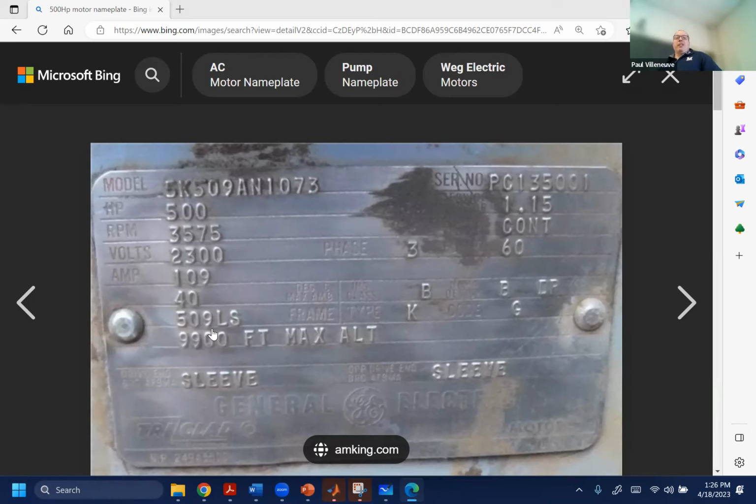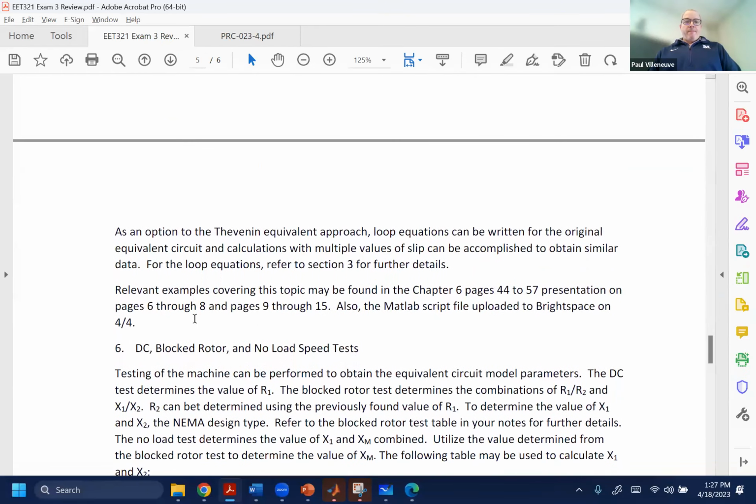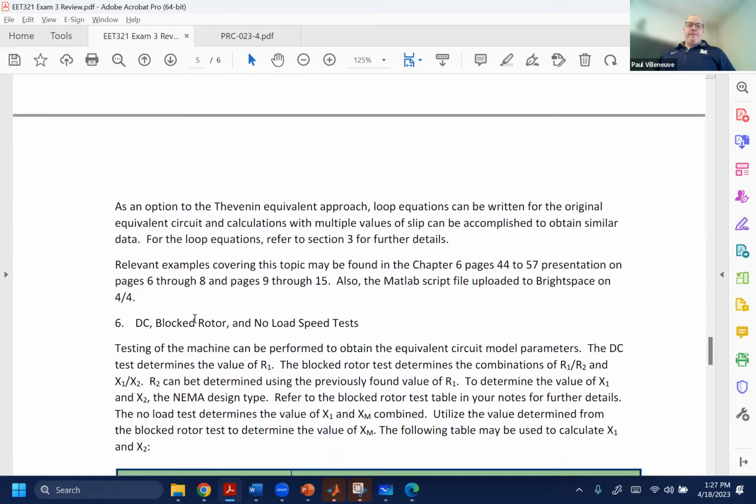I don't know if this applies in other countries, but in the United States, if you have a 50 horsepower motor that has failed, you can get all the same information here. Just make sure you match the frame size and you should be good to go. So that's why I said the options are to do the loop equations either way.